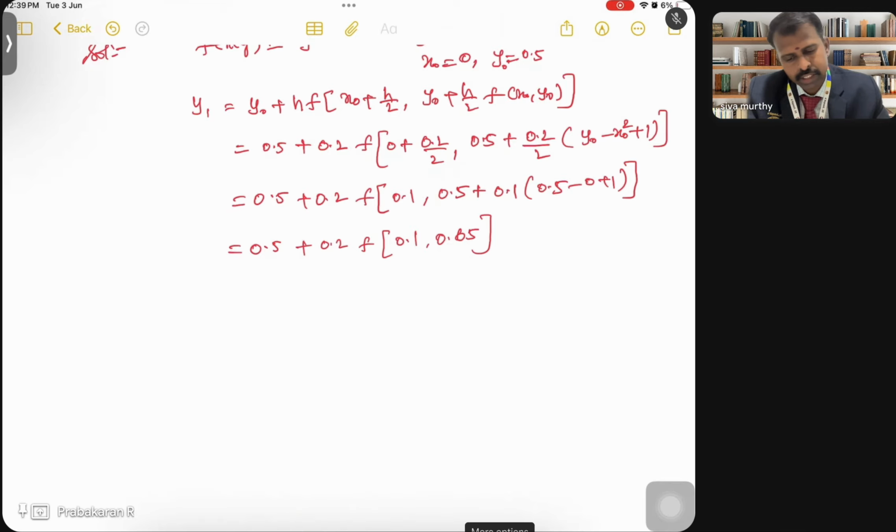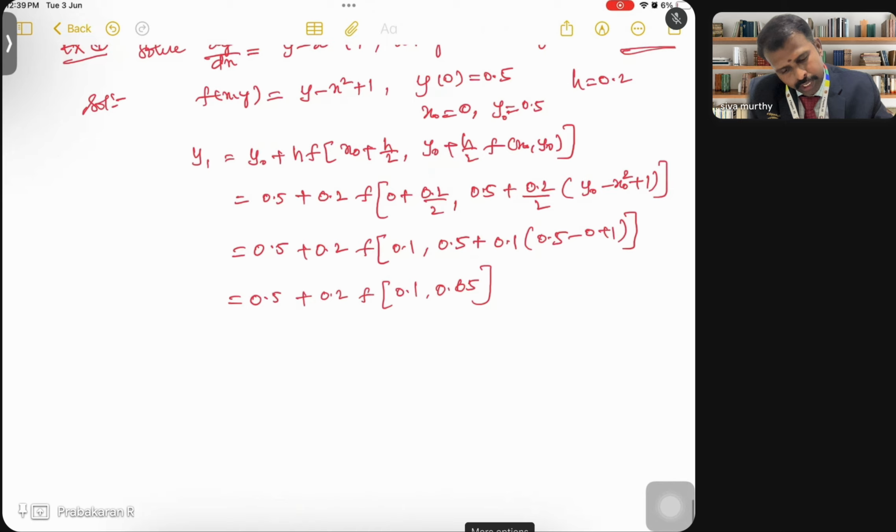Here they are given 0.2 bracket, y minus x square, so the value of y is 0.65 minus 0.1 the whole square plus 1, close the bracket. Simplify this.